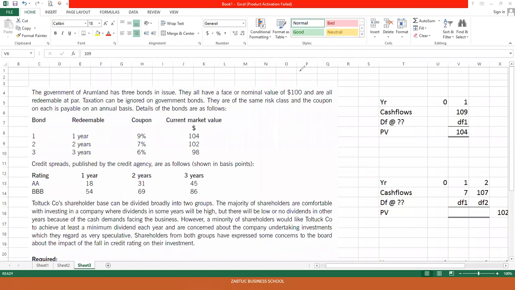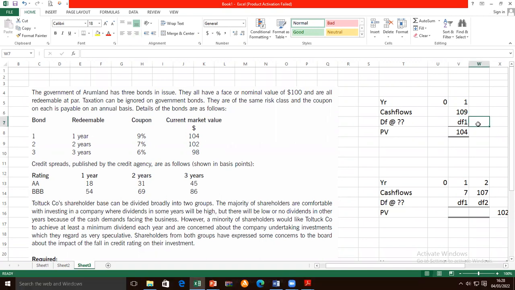Okay, so let's find the answers. Have you found the discount factor, first of all? For year 1, I found 0.954. Okay, so our friend has found 0.954. Are we happy with that discount factor?